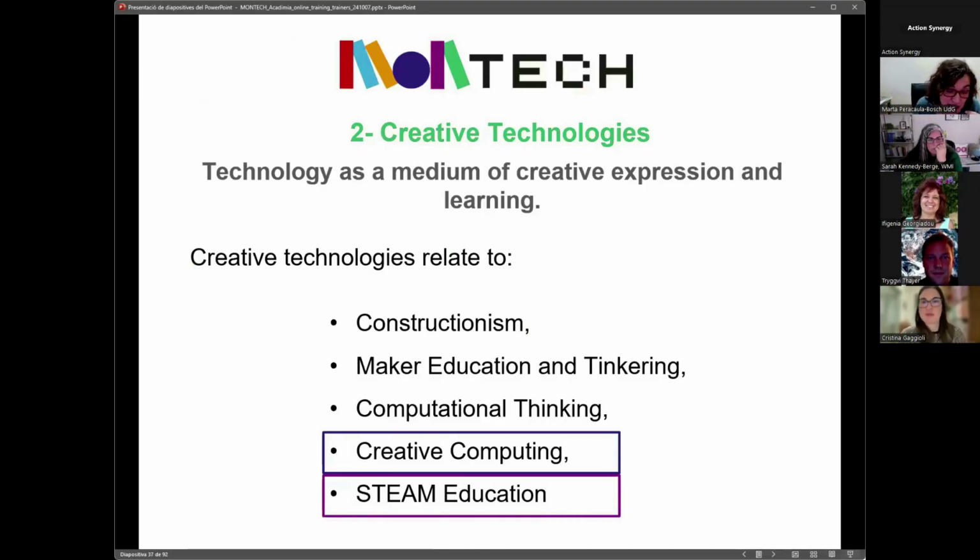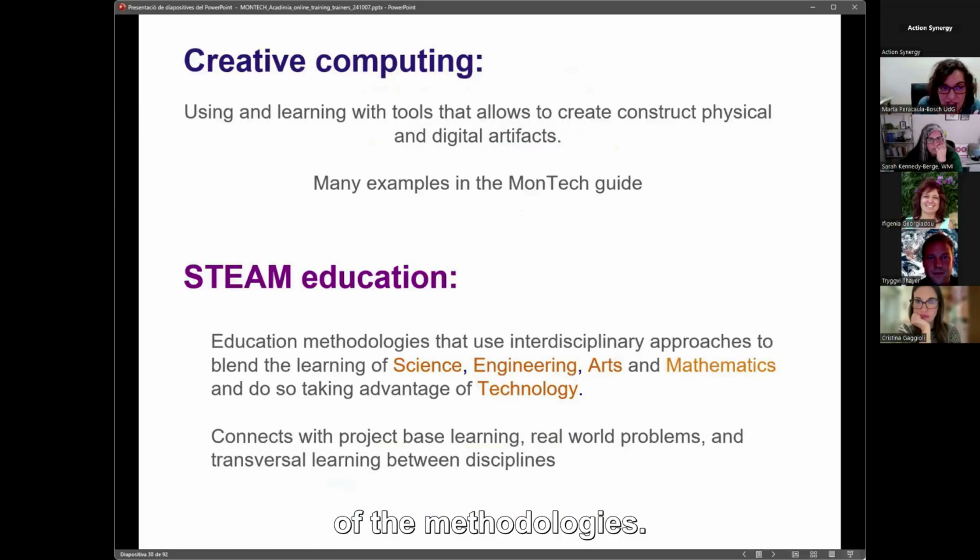And the last two, creative computing and STEAM education, are already in the project in other methodologies. When we talk about creative computing, we mean using and learning with tools that allow us to create and construct physical and digital artifacts.